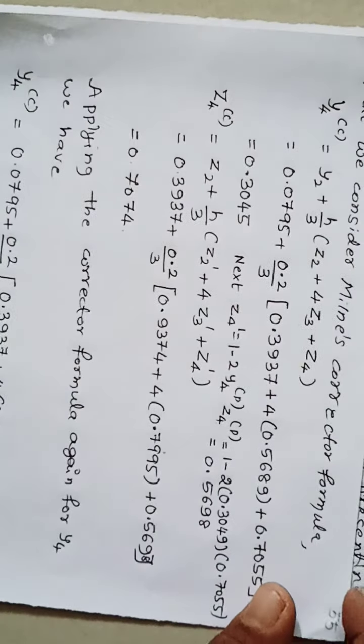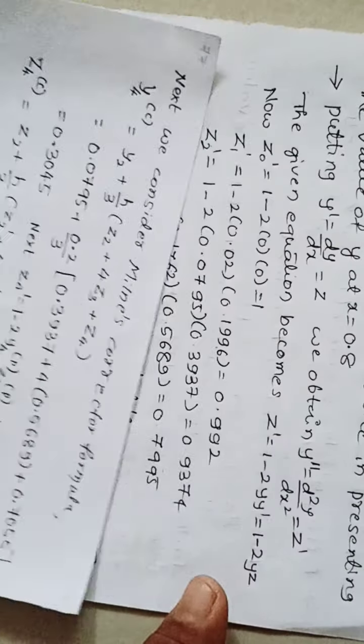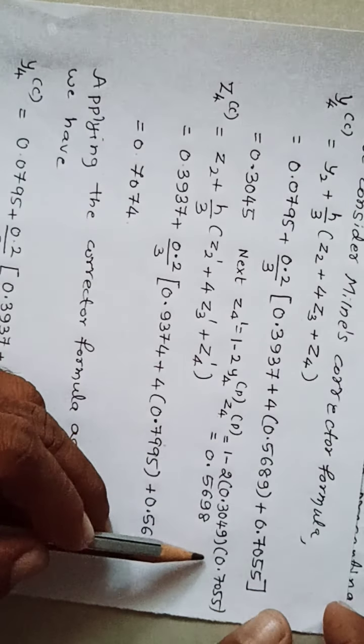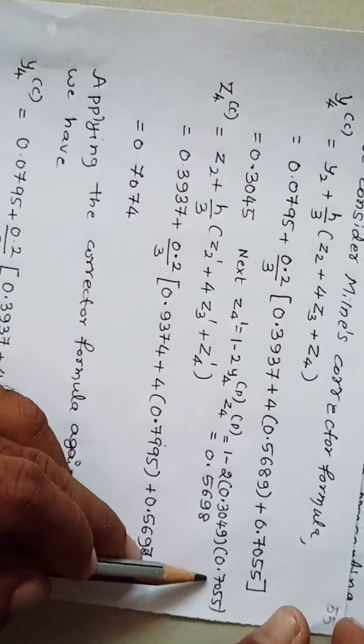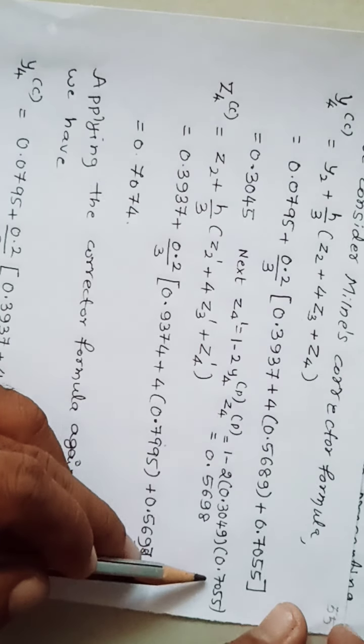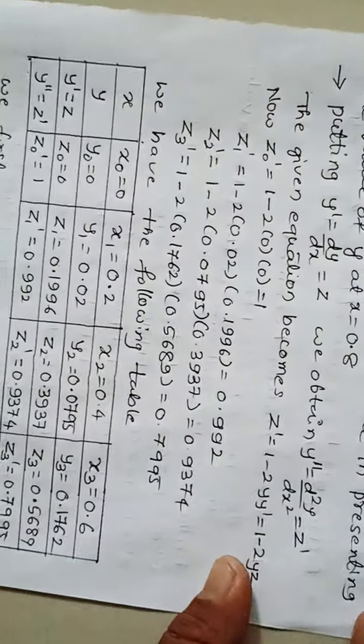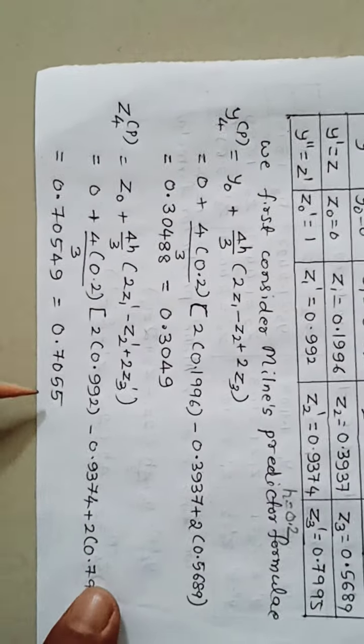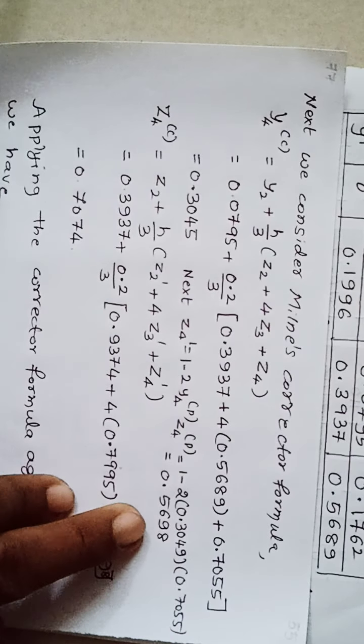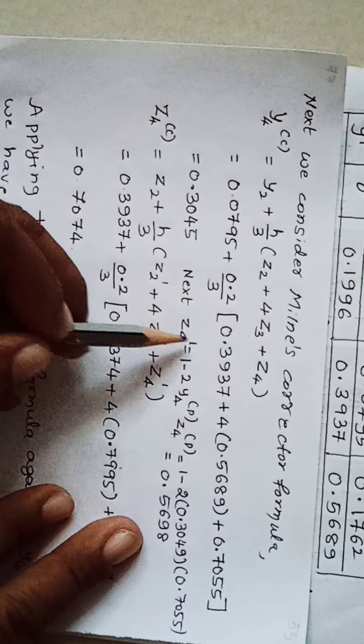That value we have to insert here, and z4 of p is 0.7055. So we are going to get 0.5698. That is the value of z4 dash.